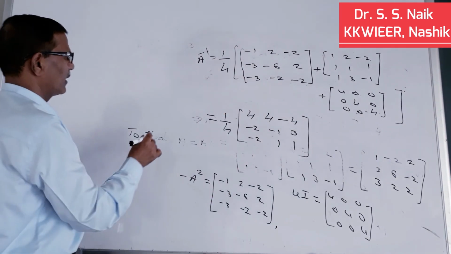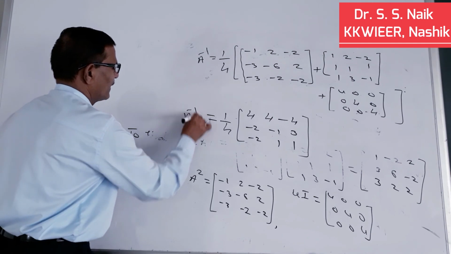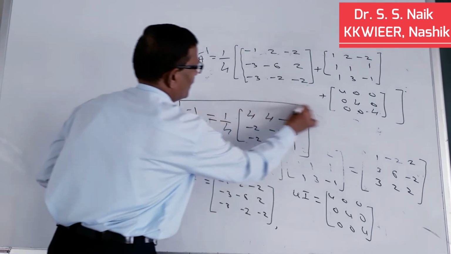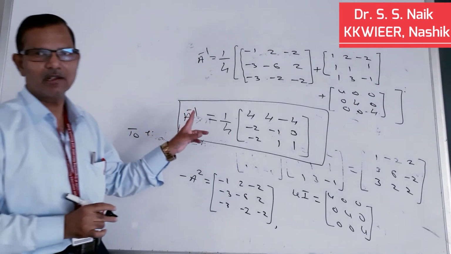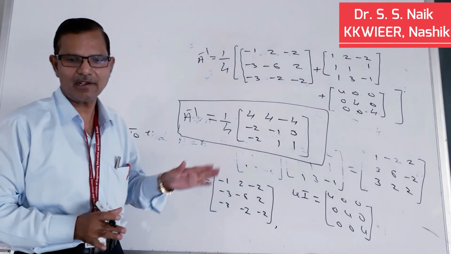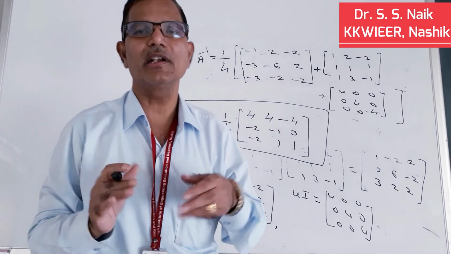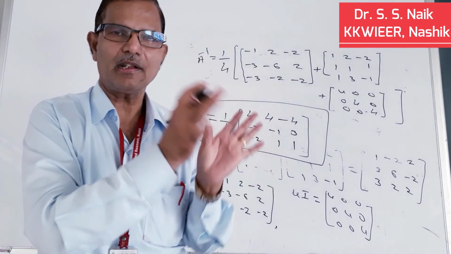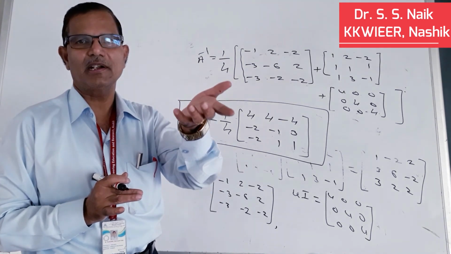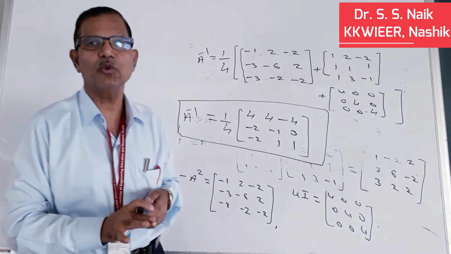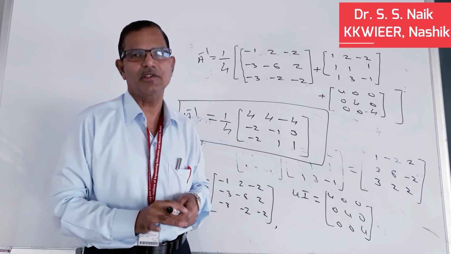Now therefore, this is A inverse. The A inverse of the given matrix by using the Cayley-Hamilton theorem is given by this result. Is it clear? Now just try to understand what we did. We stated the Cayley-Hamilton theorem, that every square matrix satisfies its own characteristic equation.